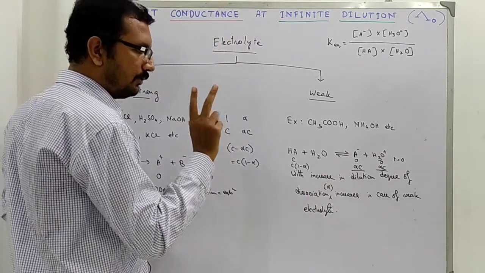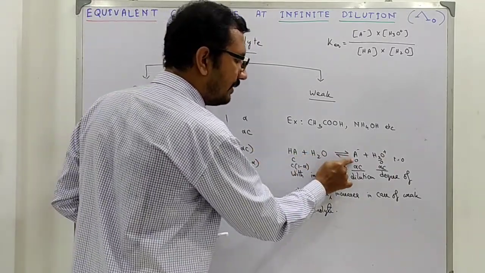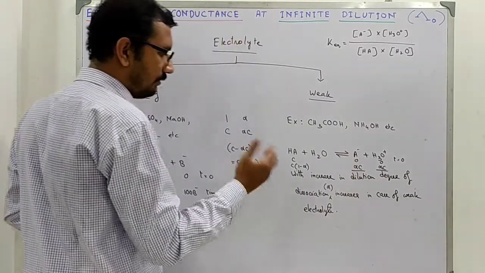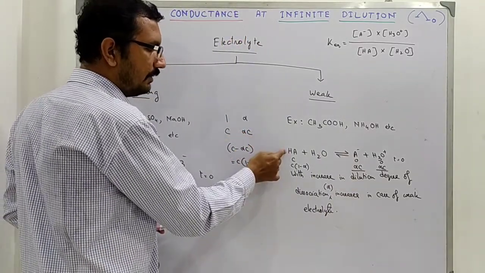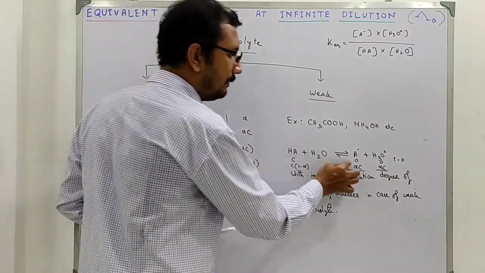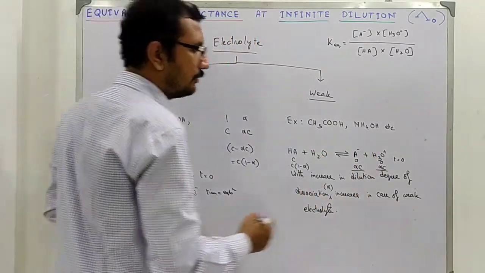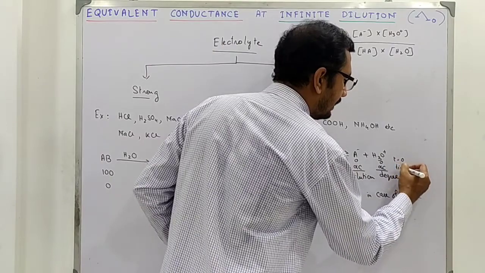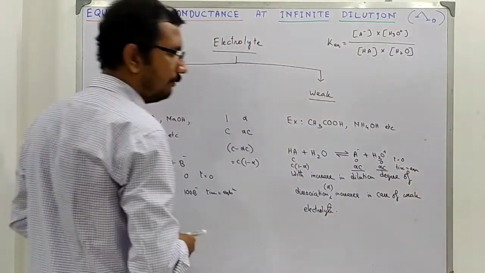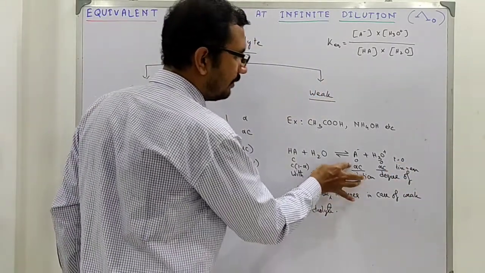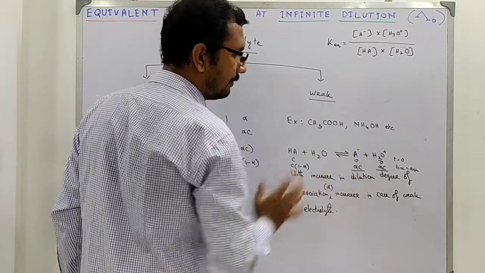For dissociation of two molecules we will have 2 A minus and 2 H3O plus. So, for dissociation of alpha C of this weak electrolyte we will have alpha C of A minus and alpha C of H3O plus. So, at equilibrium we are getting alpha C amount of A minus and alpha C amount of H3O plus.